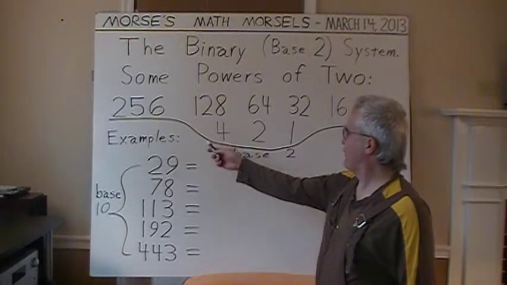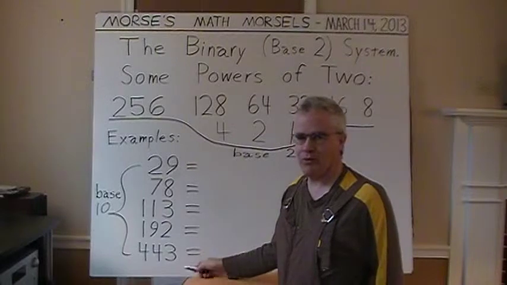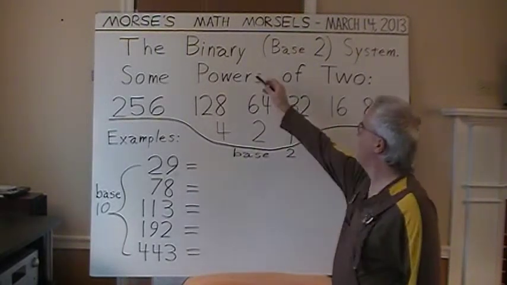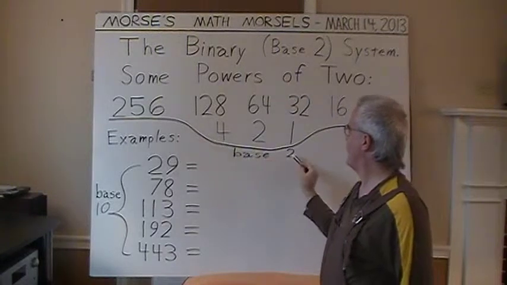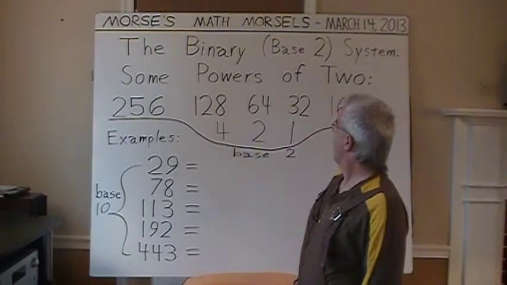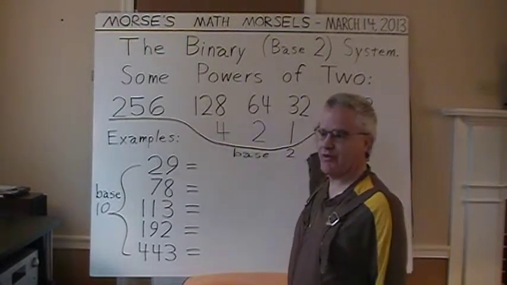Well, with these examples, I'm going to convert each of these 5 sample numbers in our ordinary base 10 system into the binary or base 2 system. And to do that, I'm going to use some powers of 2. Notice I've written them in descending order.